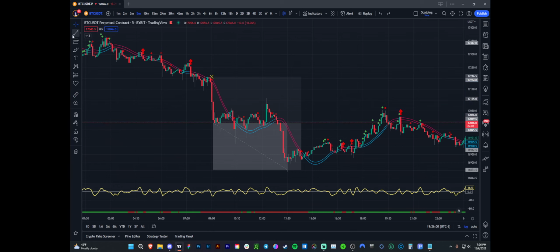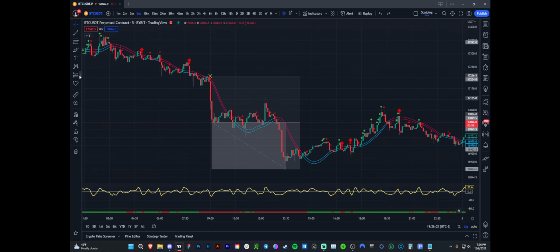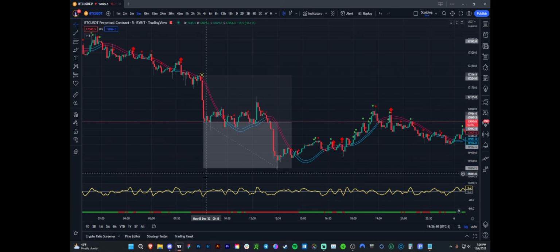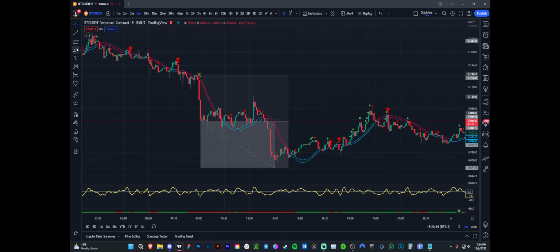But hey, we want to be careful and make sure things are confirmed. So we enter right at this candle close, right at this candle open. Like I said, money flow is red, VWAP's below 0, and we got our confirmation on the trade. And obviously the cross happened 2 candles before the entry, so all within our parameters.